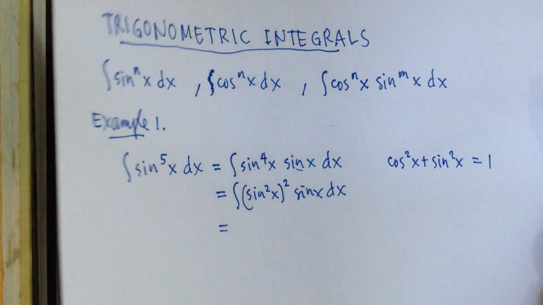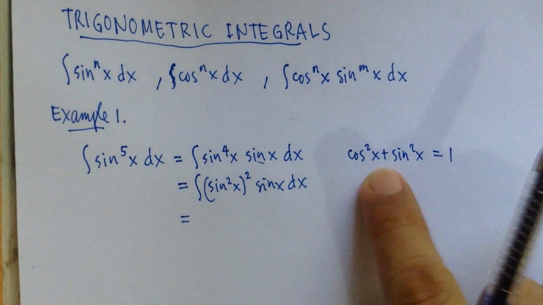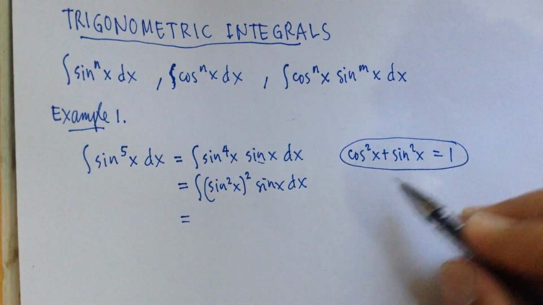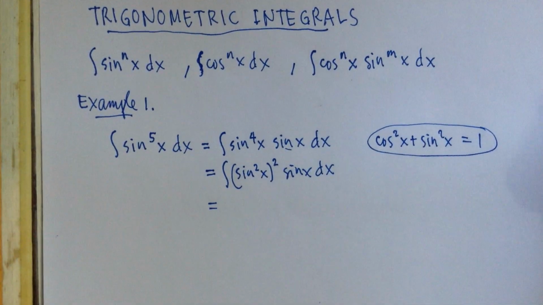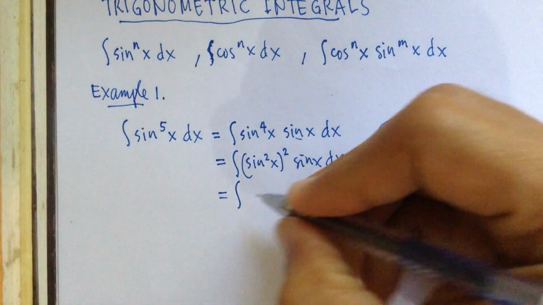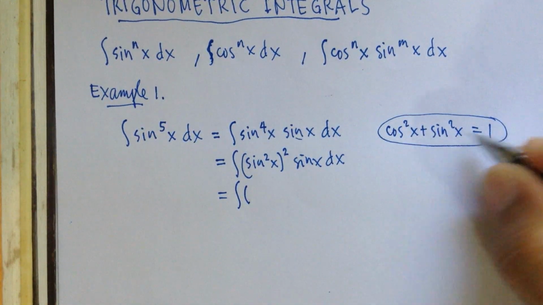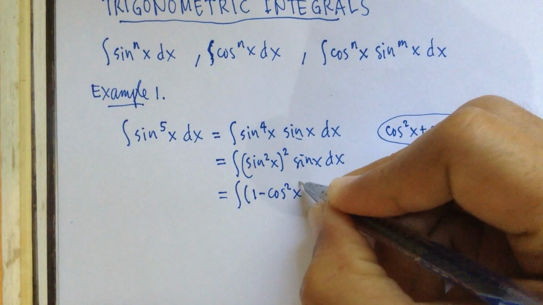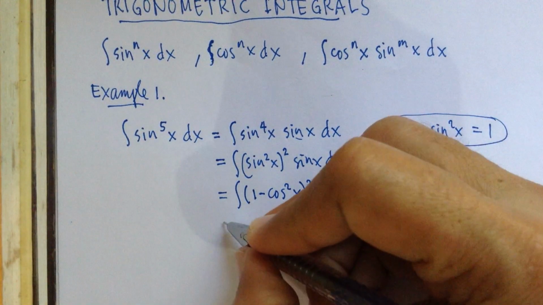If you remember that particular identity. And from this identity, we can express sine squared x in terms of 1 and cosine squared x. So therefore, this expression can now be written as 1 minus cosine squared x, then squared, then sine x dx.